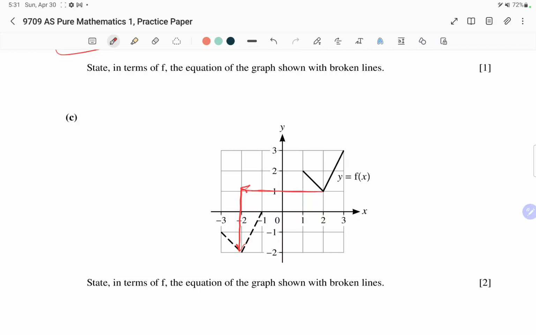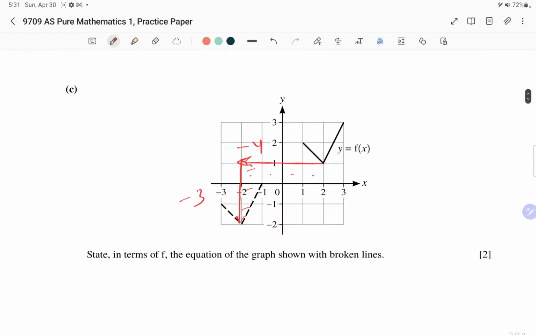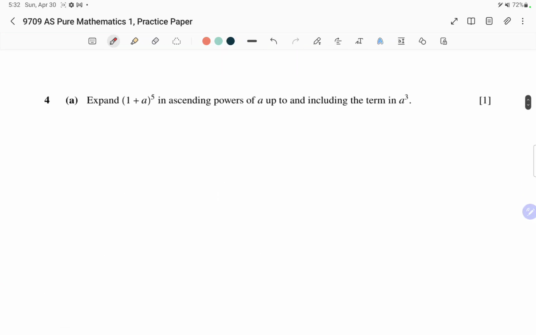Yeah, so just 1, 2, 3, 4 units to the left, so minus 4, and 1, 2, 3 units down. So it is changing by the column vector (minus 4, minus 3), but we have to write in terms of f. So y equals f of x plus 4, and it is changing in y, so just subtract 3. So this should be the answer.